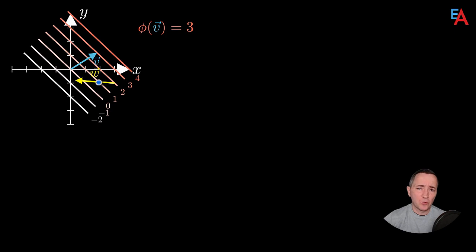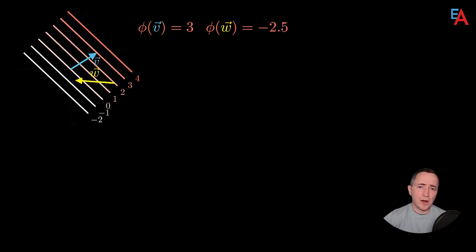So we have -1. The second time it intersected the form line, so we have -2 and a half times. So in total we have -2.5. And we can then say that the value of the same form, but on the vector w, is equal to -2.5. And of course we could also do this for any other vectors.